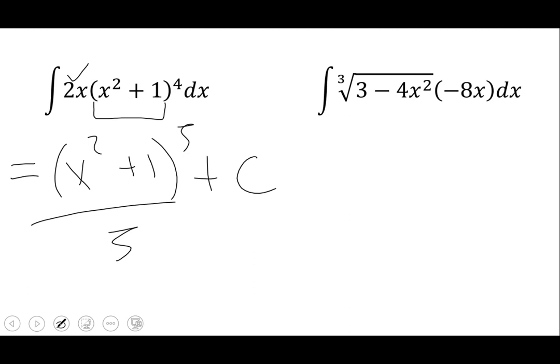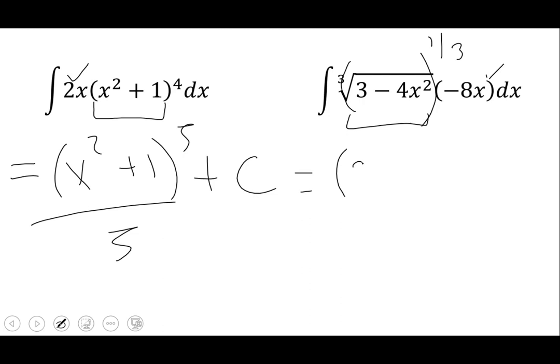For the next problem, I would strongly recommend that you take that cube root and rewrite it as a 1/3 exponent. If you identify f of g, the derivative of the inside would be negative 8x. That means you have exactly what you're looking for, so you're free to integrate.